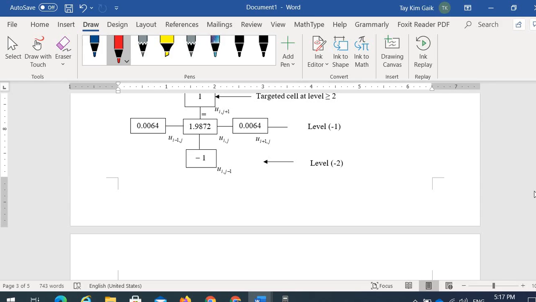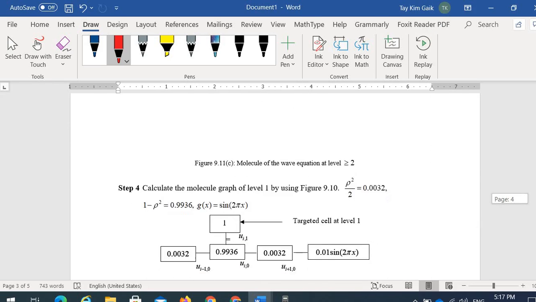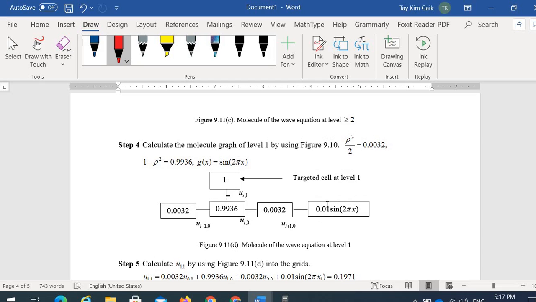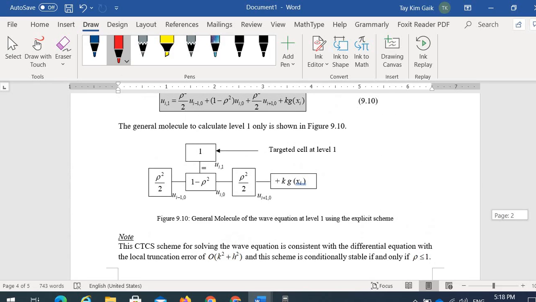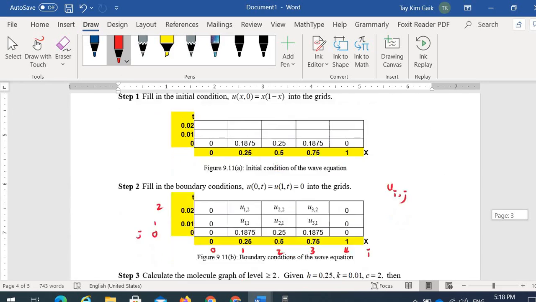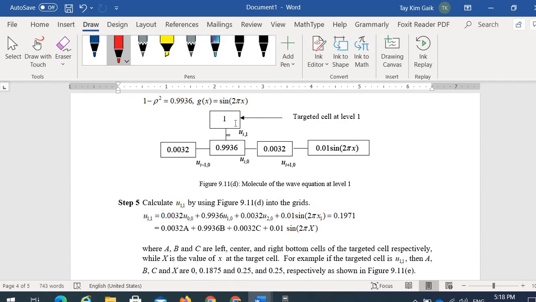Okay, and this value, 0.9872 divided by 2, okay, 0.9936. 0.9936 plus k, 0.01, times the initial velocity sin 2 pi x. And then we use this 2-level scheme to calculate level 1 only.